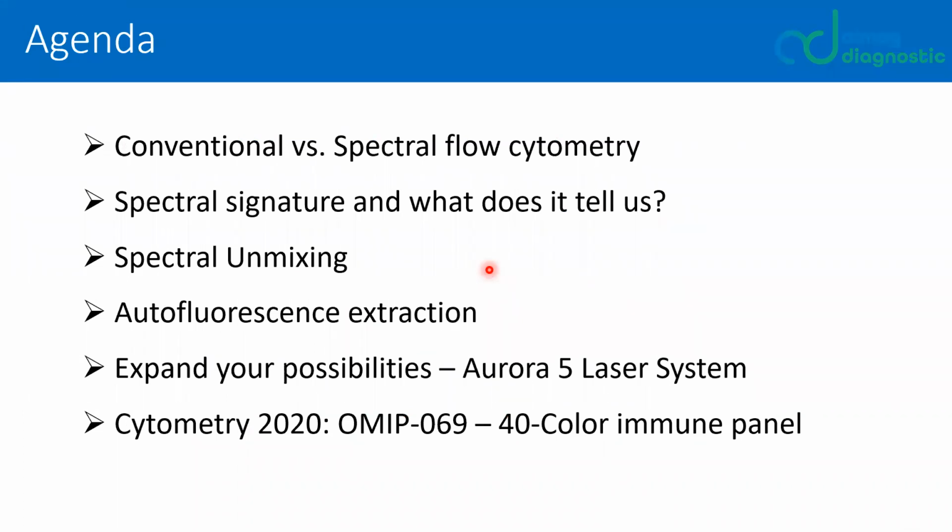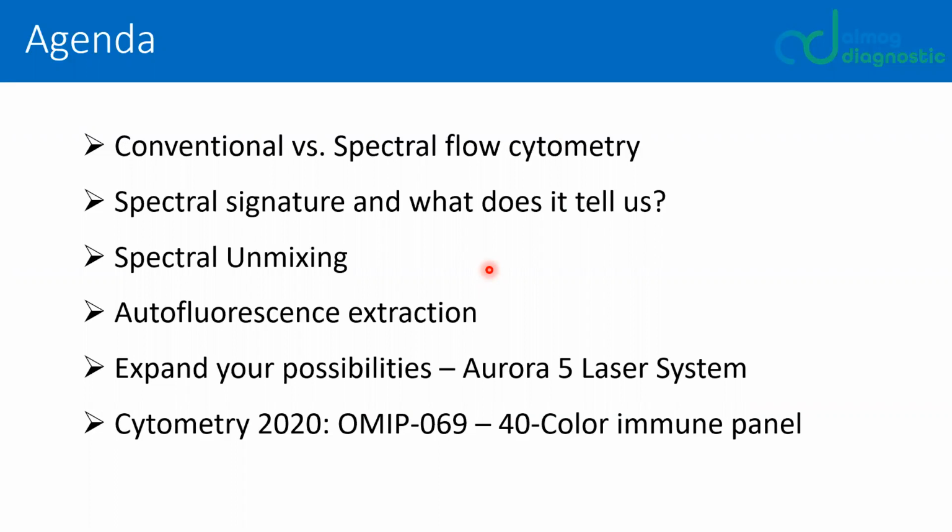I will start with just the agenda for our talk today. We will discuss the differences between conventional and spectral flow cytometry. We will show you the spectral signature and how it is created. We will explain spectral unmixing and compare it to conventional compensation.